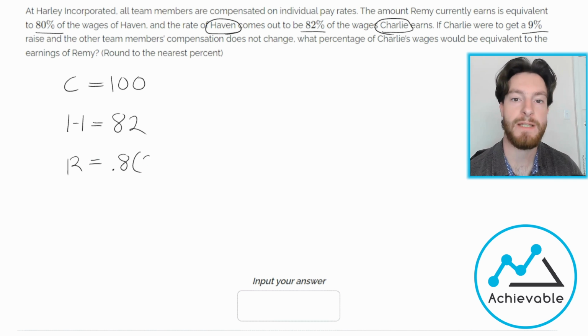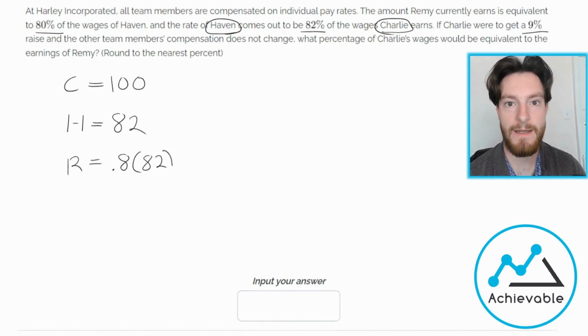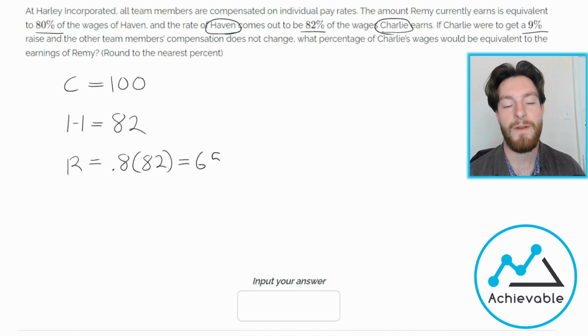So we need to put this into a calculator. 0.8 times 82 is going to be Remy's wages. That will equal 65.6.